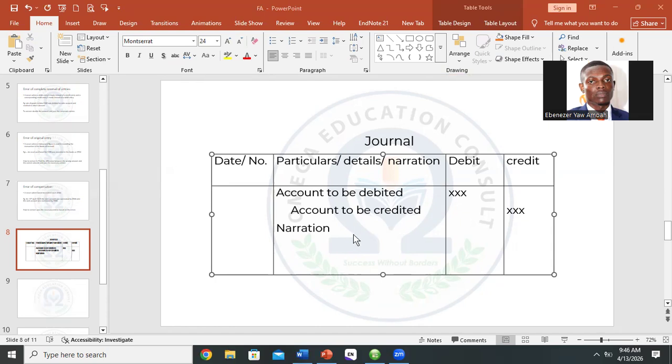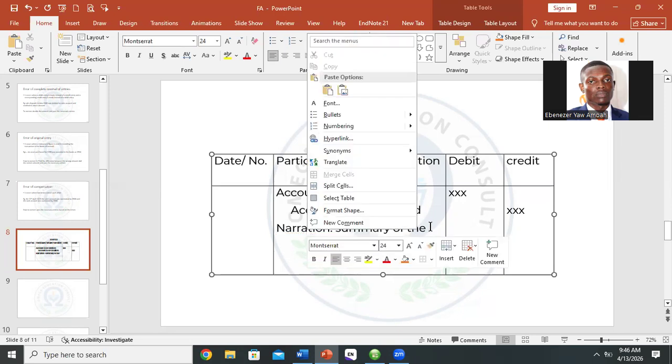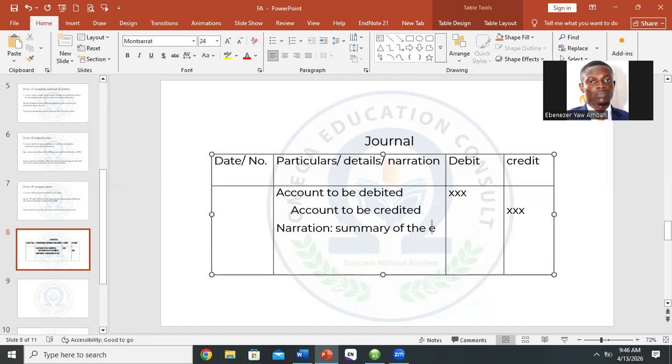And then finally, you put a narration. Now, what is a narration? A narration is a brief summary of the error corrected. So if you know the type of error, you can write it there as the summary.